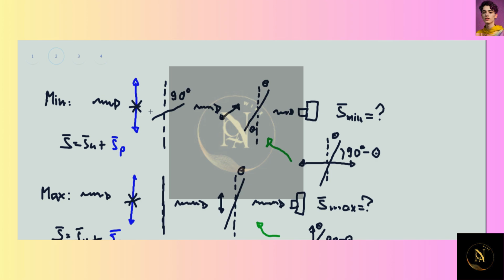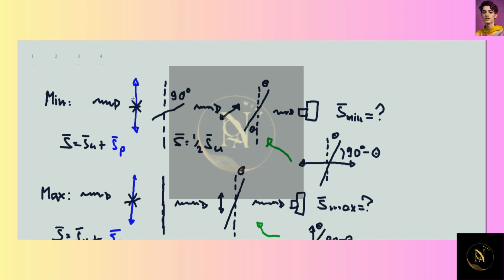And so without loss of generality, again, assuming that the polarized part of the light is polarized in the vertical direction, if I rotate my first polarizer such that its polarization axis is horizontal, then I'm blocking out all of the polarized part of this light. And so in the middle here, the intensity is just one half times the intensity of the unpolarized part of the light. Okay, so far so good.